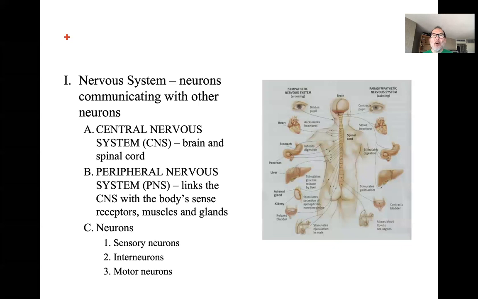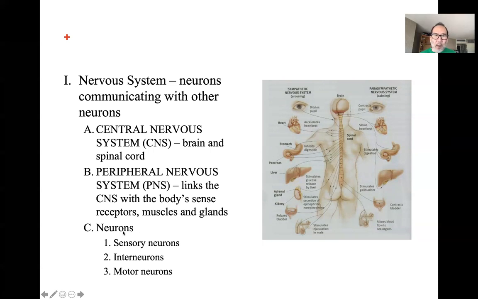All right, so the nervous system concerns the interconnection of neurons and how they communicate with each other. As I mentioned, the central nervous system includes the brain and the spinal cord here. And the peripheral nervous system is the connections of nerve fibers, neurons, from the spinal cord outward.